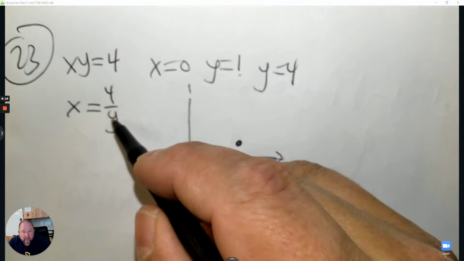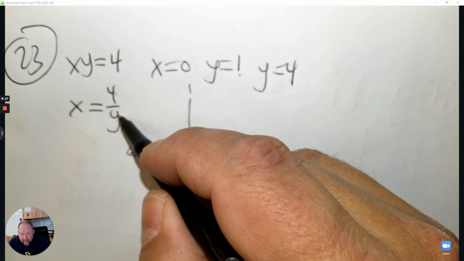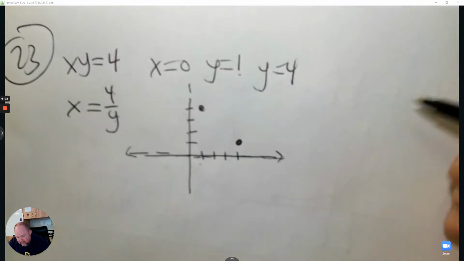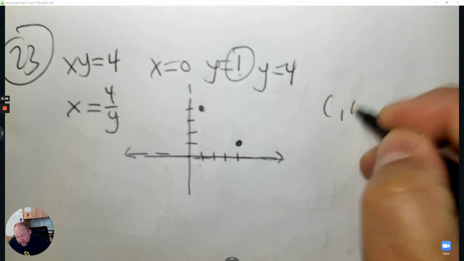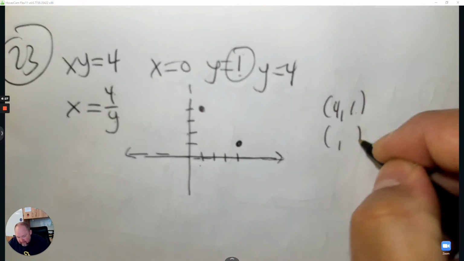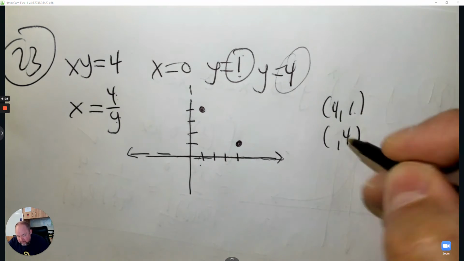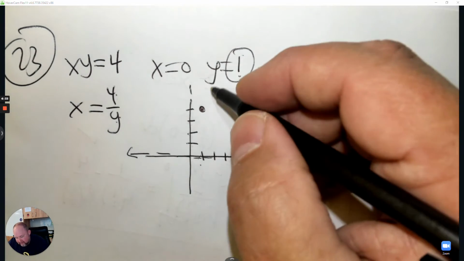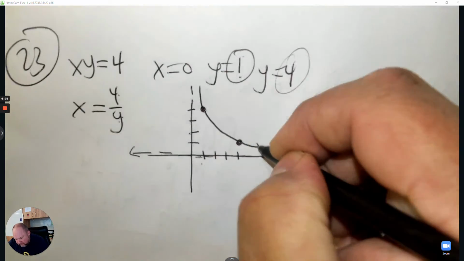And then if I plug in 4, 4 divided by 4 is 1. So at y equals 4, x is 1. So I plug these values in, plot these 2 points, and then you can draw a curve of it. This is what the curve looks like.